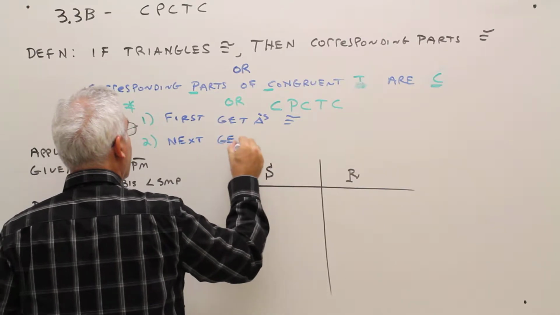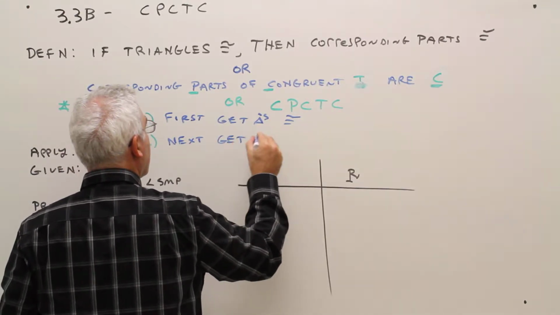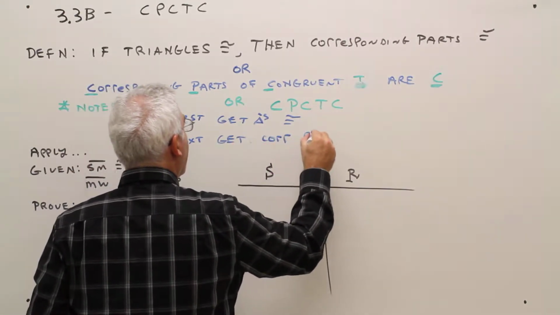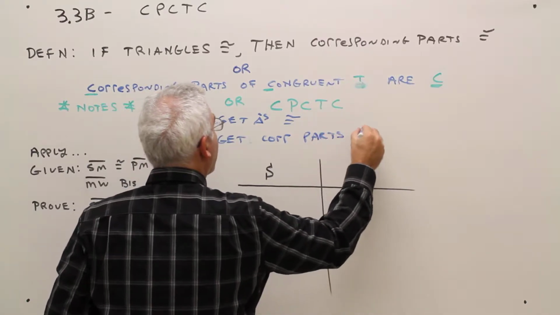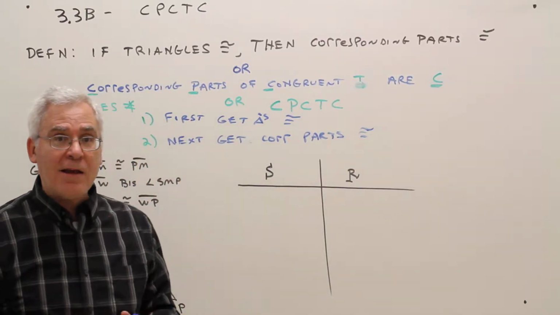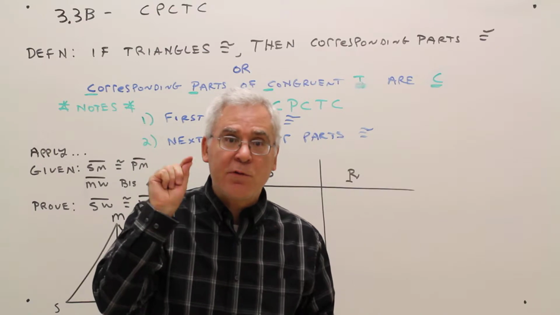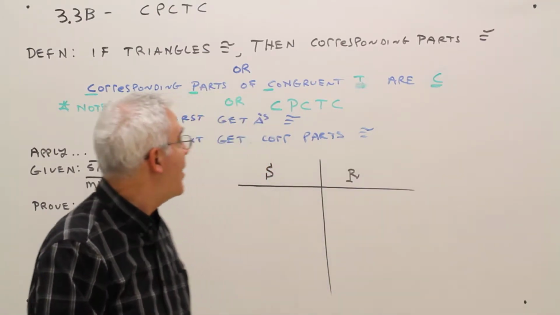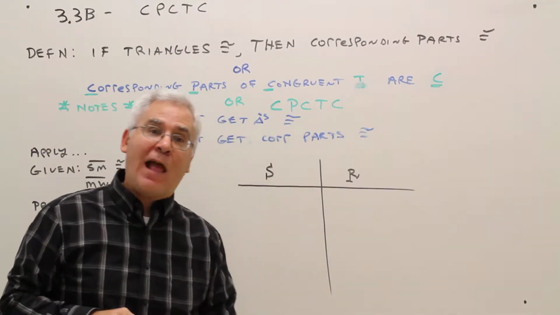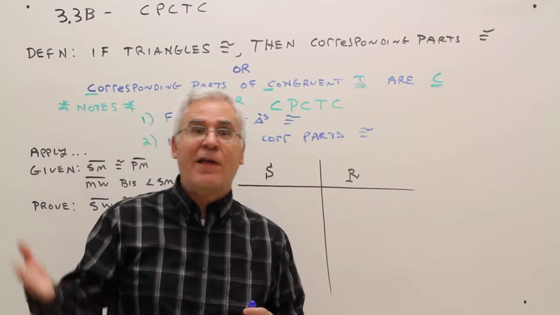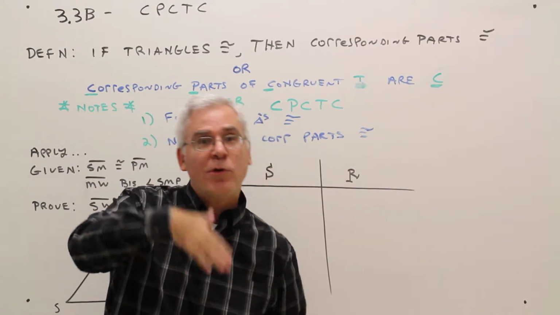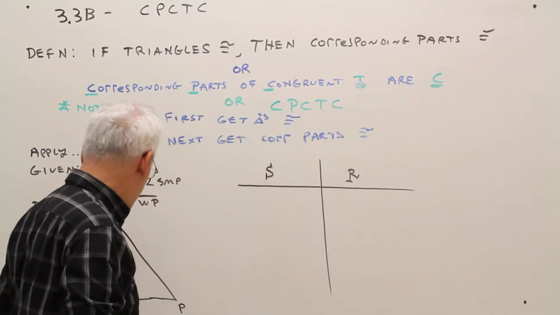Next, get the corresponding parts congruent. Once again, you cannot use CPCTC until you first have established that triangles are congruent. That's why we did lesson 3.2 before we're doing lesson 3.3.